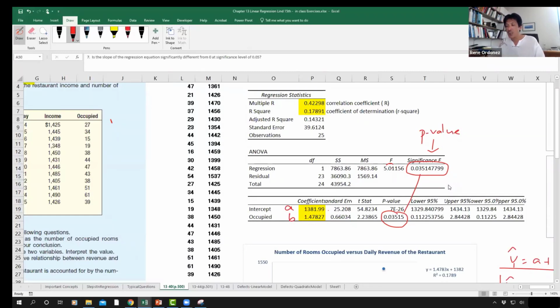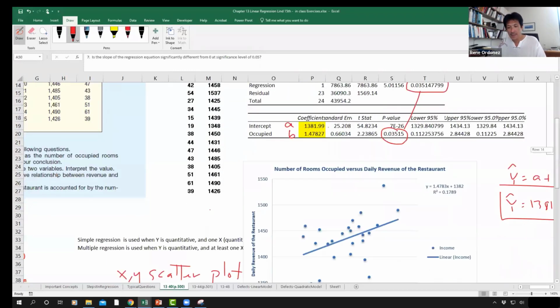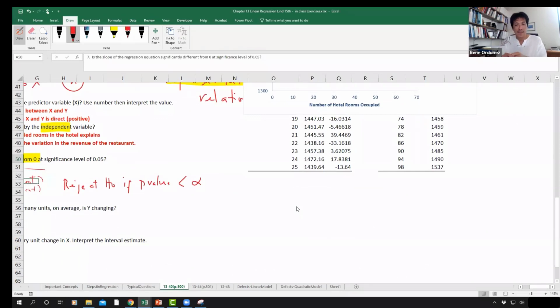So the p-value is 0.035. Is that less than the significance level of 0.10? The answer is yes. Therefore, we will conclude to reject H0.